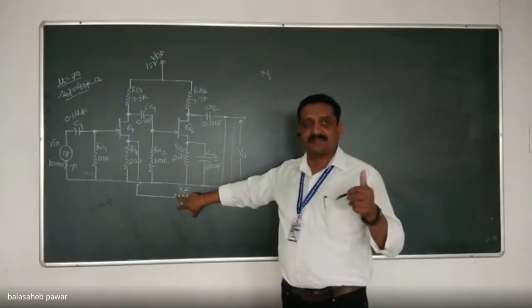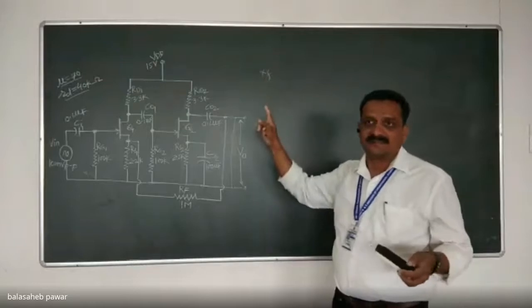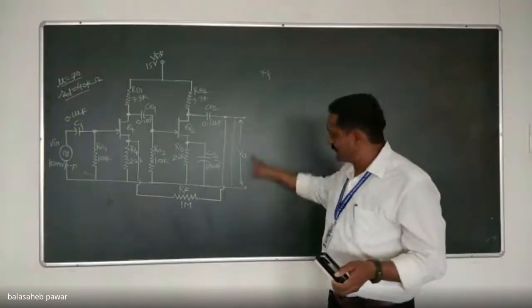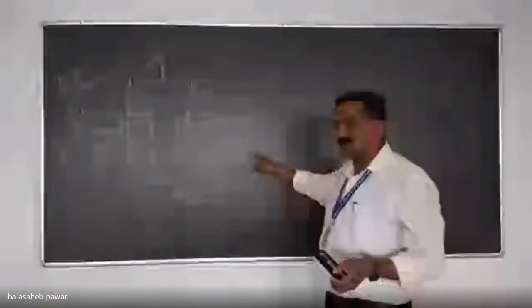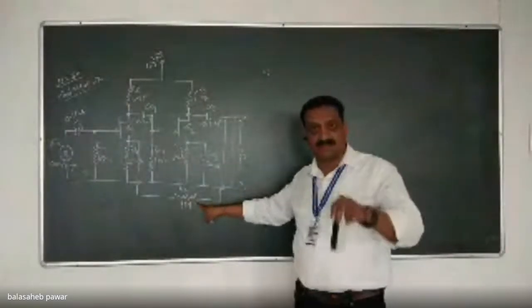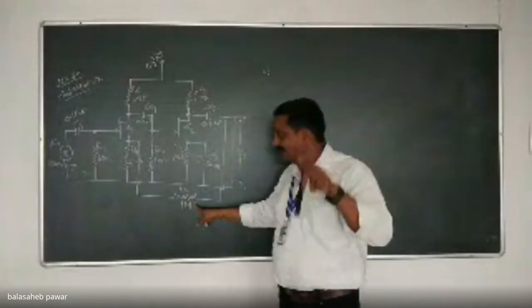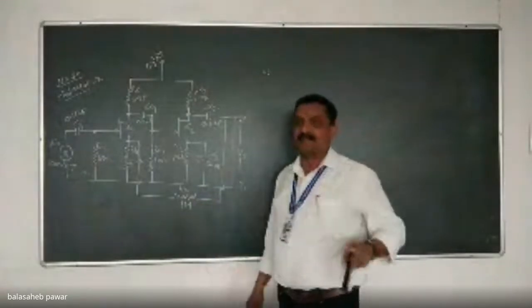No drop. No drop means how much will be the XF? 0. So by making VO equals to 0 by providing the short circuit, if feedback signal becomes 0, that is your first step. If feedback signal becomes 0, then it is voltage type of sampling.